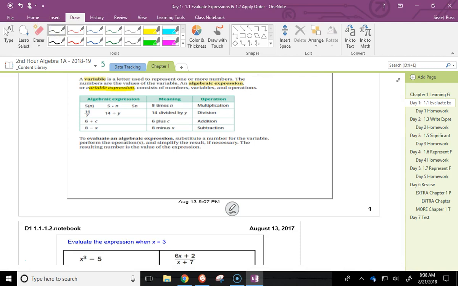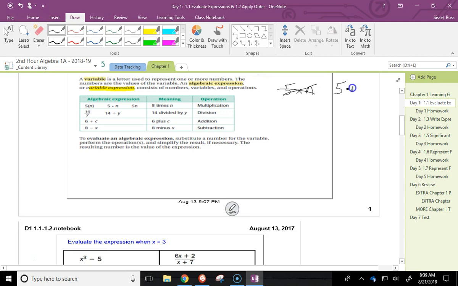We will not do 5 times n with an x, because x is what we use for a variable in algebra. X is a very important one. So we will no longer do our multiplication sign like that. If you want to use multiplication, we do that hanging multiplication dot.